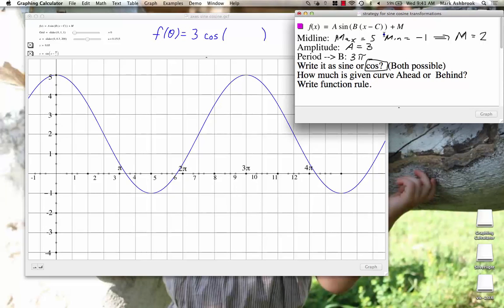No, it's following exactly our cosine pattern: at theta equals 0 it's at the maximum, and then heading down from there. So all we need here is b, theta. And what about the midline? Plus, the whole thing is shifted up 2, right? Our midline is at 2 here. So all we have left is b. Is b equal to the period? Is it equal to 3 pi?